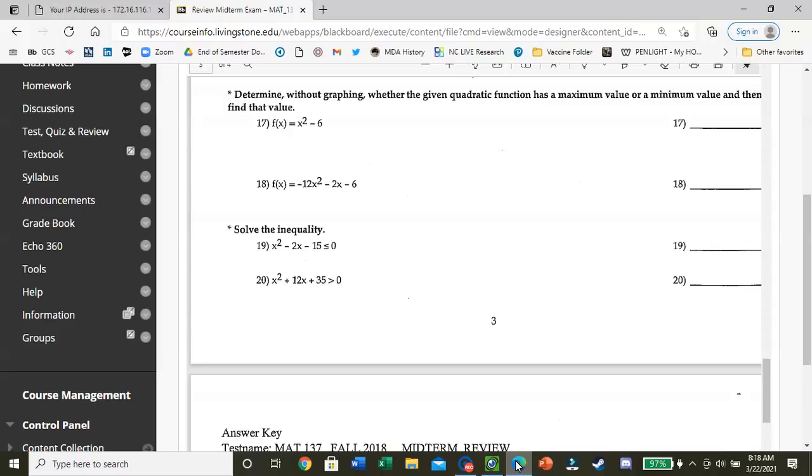I was looking to see which one would be the one you'd be more likely to ask for. Okay, we have x squared minus 2x minus 15, and that's less than or equal to 0.